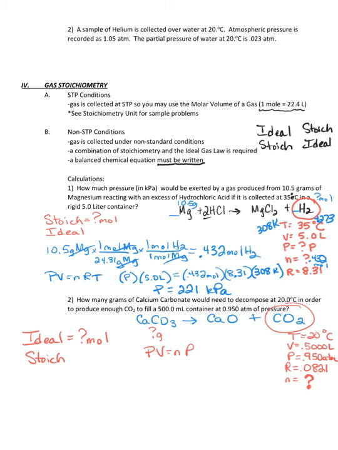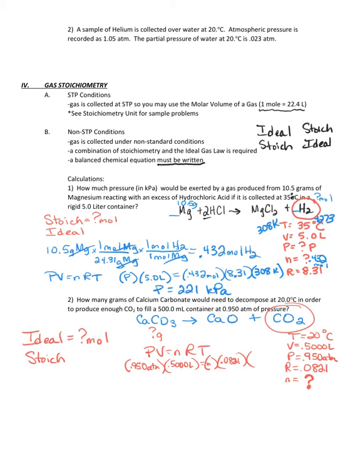So we're going to use our ideal gas law first. PV equals nRT. P is 0.950 atmospheres. V, we said we're going to change it because it has to be in liters. N is what we're solving for. R, we chose 0.0821.